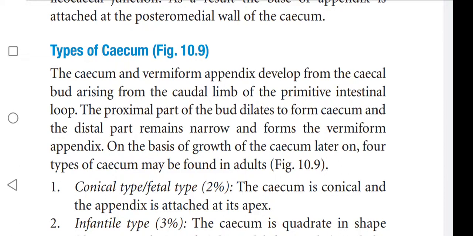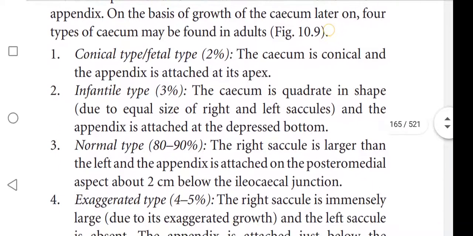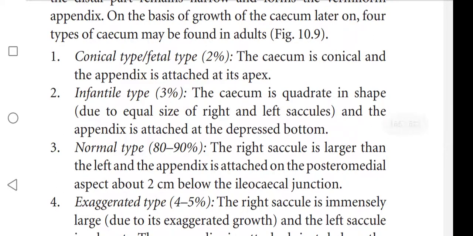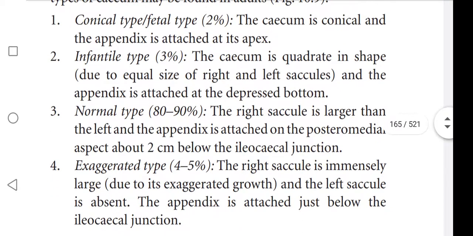On the basis of growth of the cecum later on, four types of cecum may be found in adults. First we see the headings: conical type or fetal type, infantile type, normal type, exaggerated type.